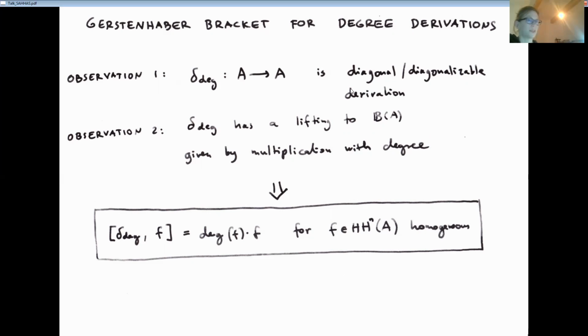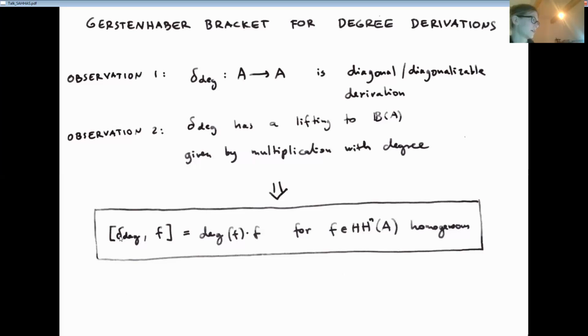So in other words, really everything will just decompose with respect to this derivation into eigenspaces. And it has a lifting to the bar complex given just by multiplication with degrees, because everything will just go through if you look at the definitions.